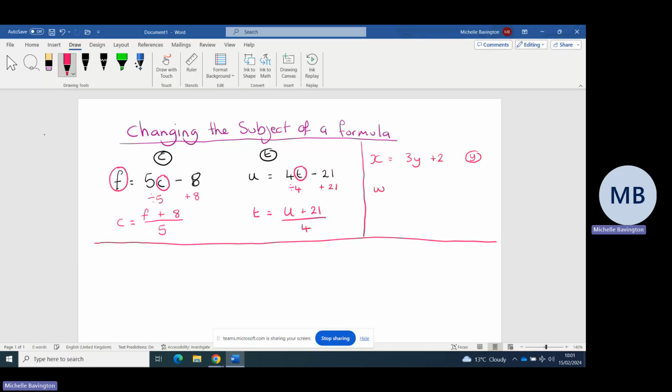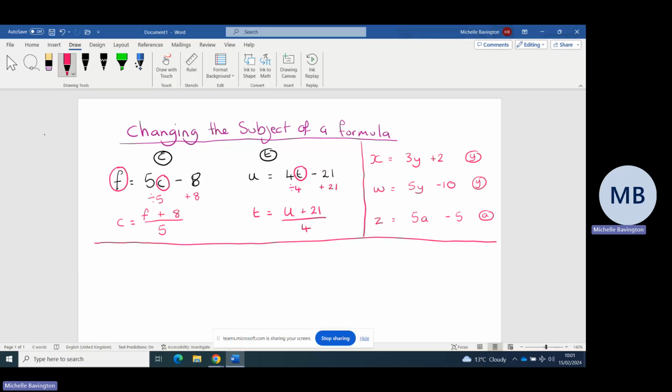Another one, w equals 5y minus 10. Make y the subject. And then z equals 5a minus 5, and make a the subject.